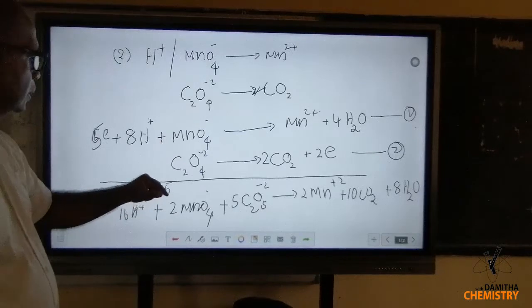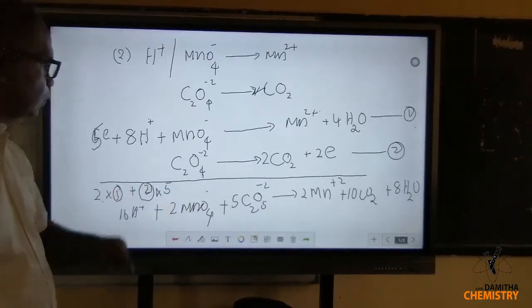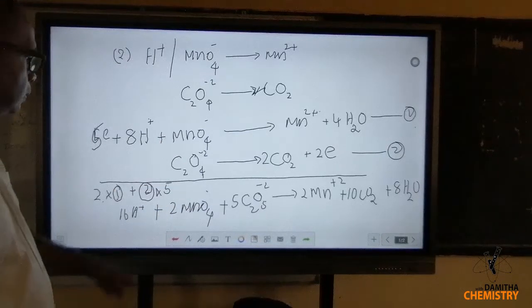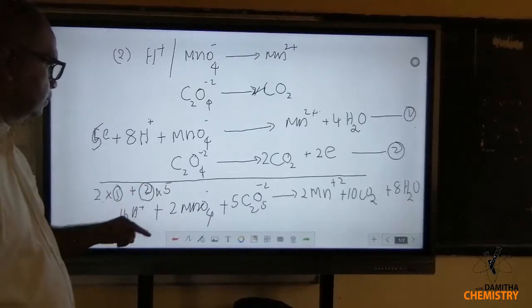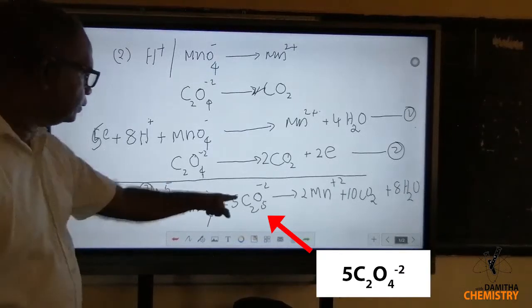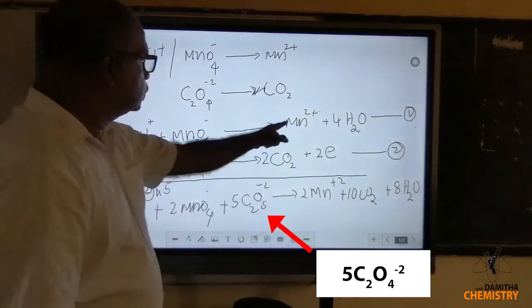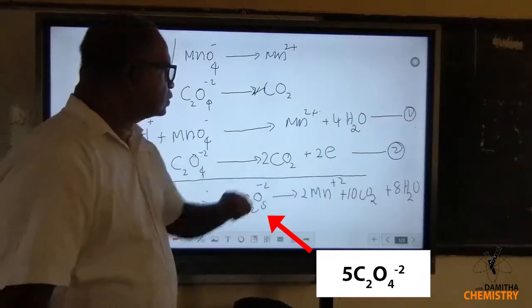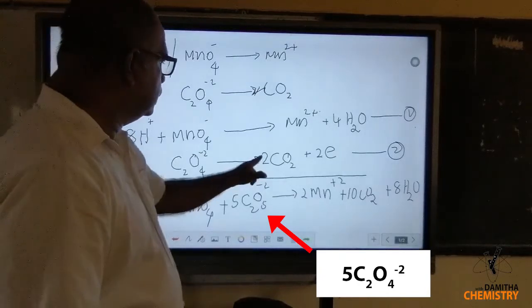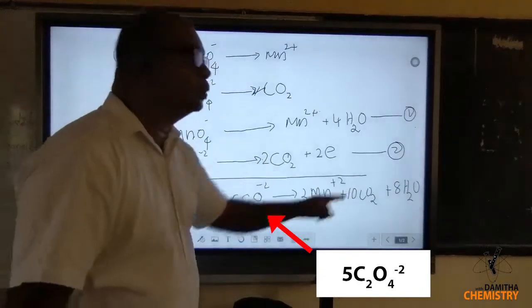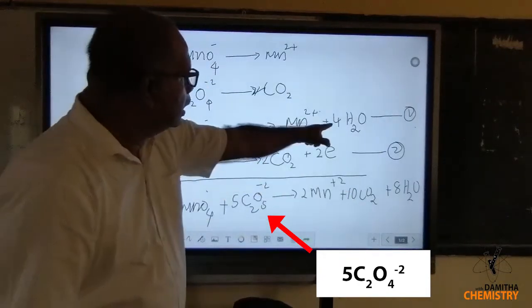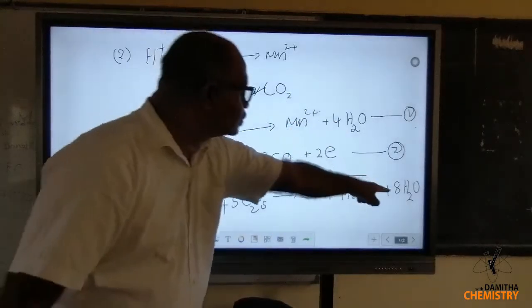MnO4- converts to 2 MnO4-. Now oxalate: 5 oxalate gives 2 Mn2+ and 10 CO2, then 8 H2O.